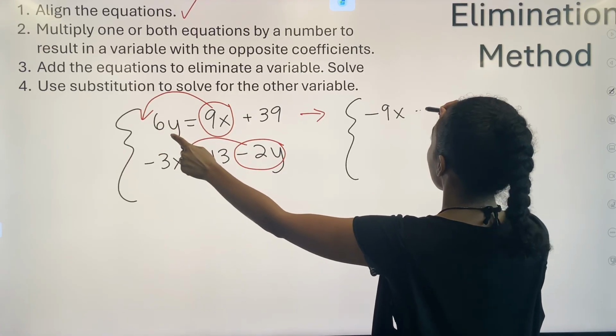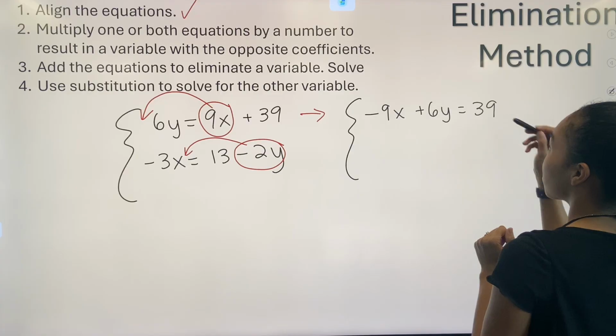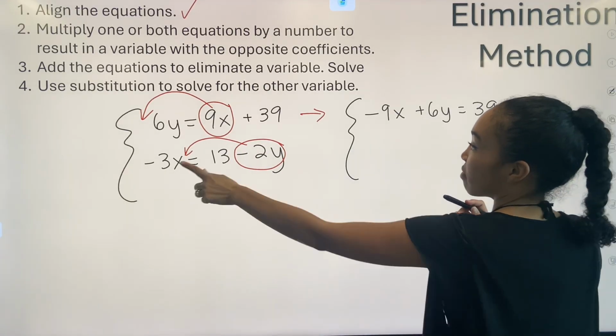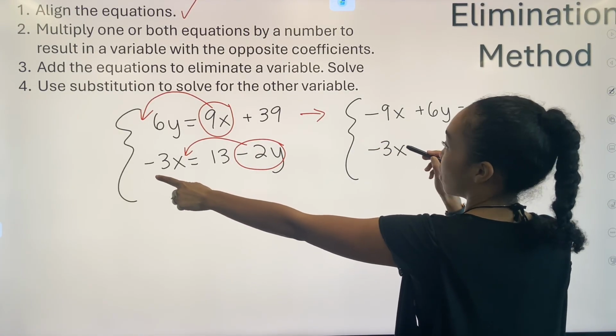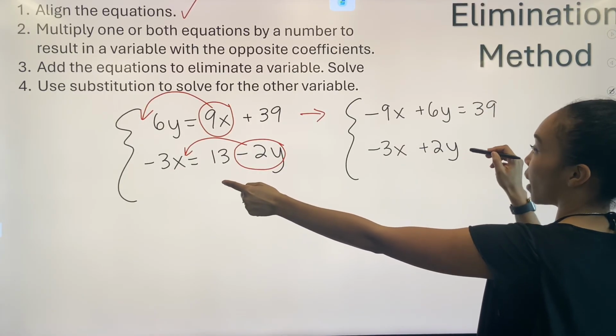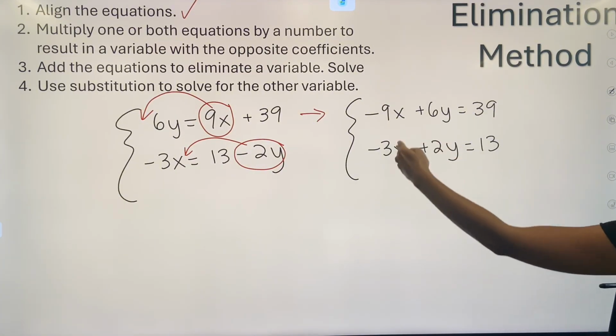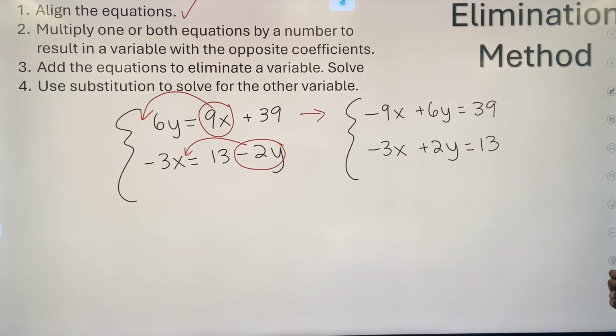The 6y can remain a +6y, and the 39 can remain positive. Then I have -3x. I move -2y to the other side, making it a +2y, and the 13 can stay as it is. So now they are aligned properly.